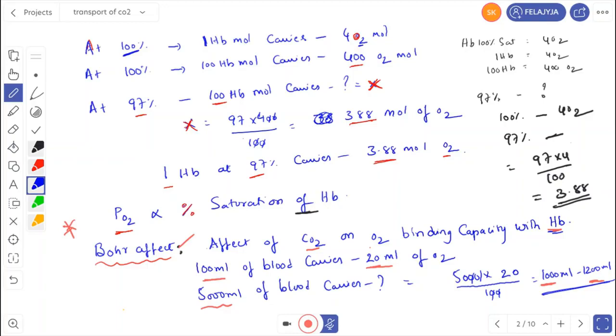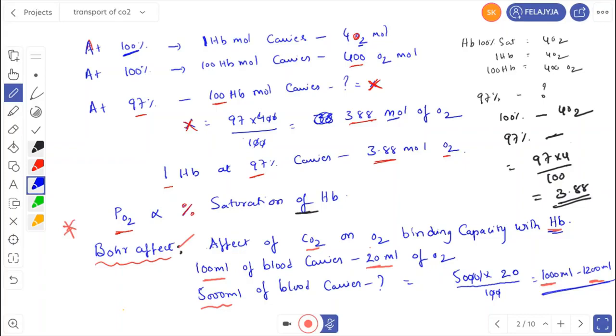At 97%, how much oxygen do 100 hemoglobin molecules carry? 97 into 400 divided by 100, that equals 388 molecules of oxygen. So 100 hemoglobin molecules carry 388 molecules of oxygen at 97% saturation.